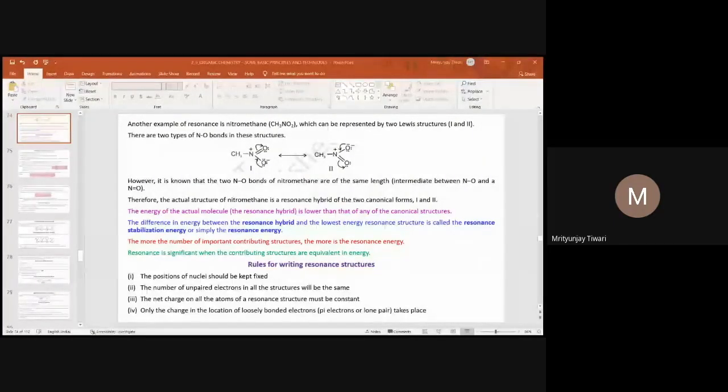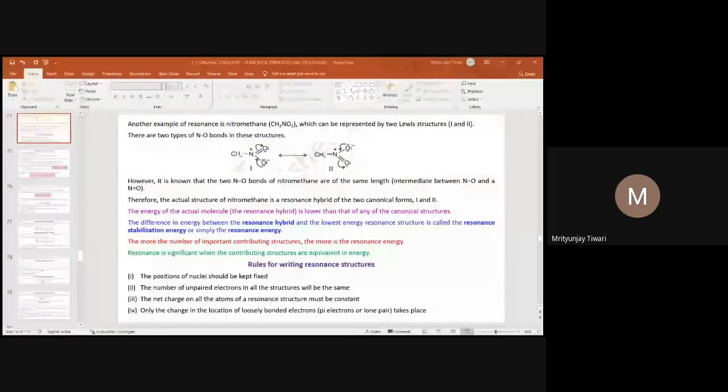Then the fourth point is less separation of opposite charges. If charge separation happens in a resonance structure, and this separation is there in two different resonance structures, we see in which structure the opposite charges are at the least separation.